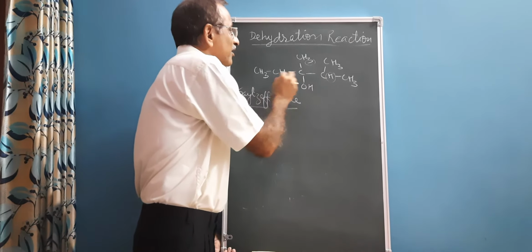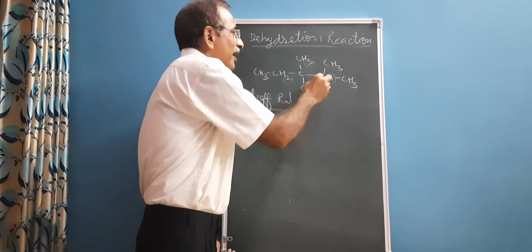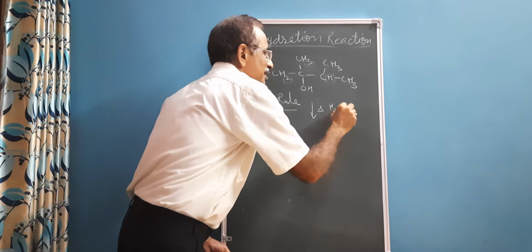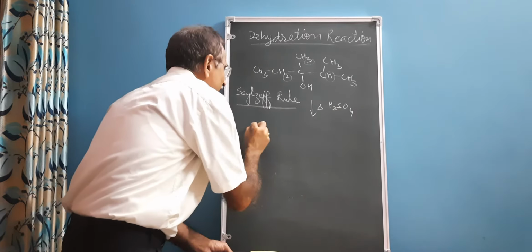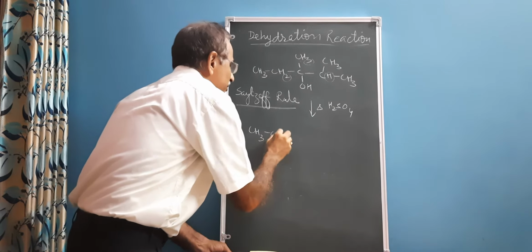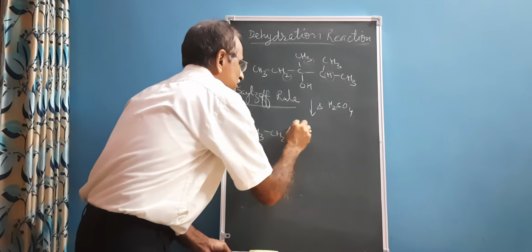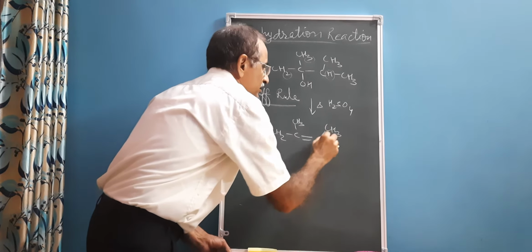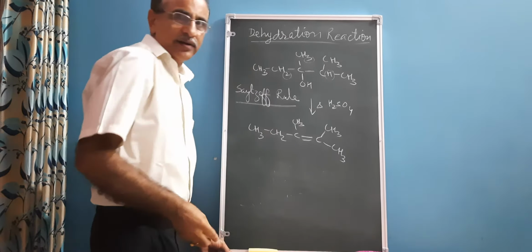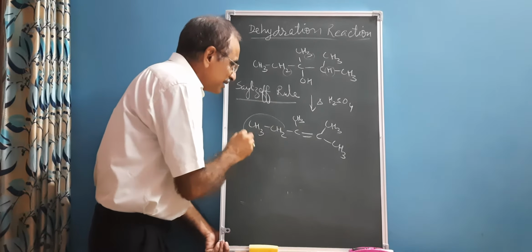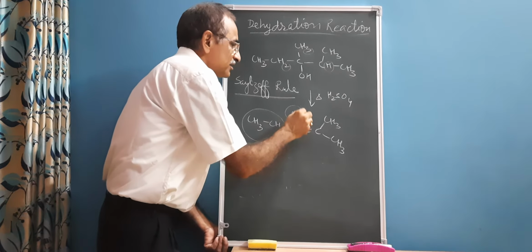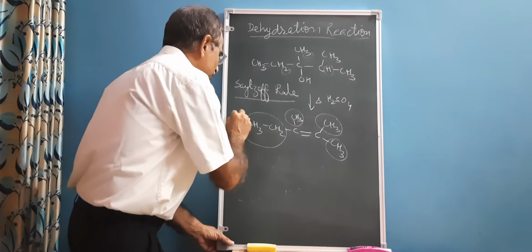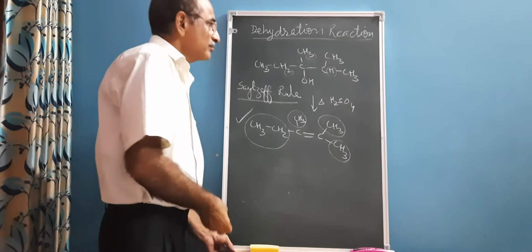This is according to the Saytzeff rule, and therefore there will be formation of this product. In this, we can see that this is one substitution, second substitution, third one, and here it is fourth one. Therefore, this product is formed.